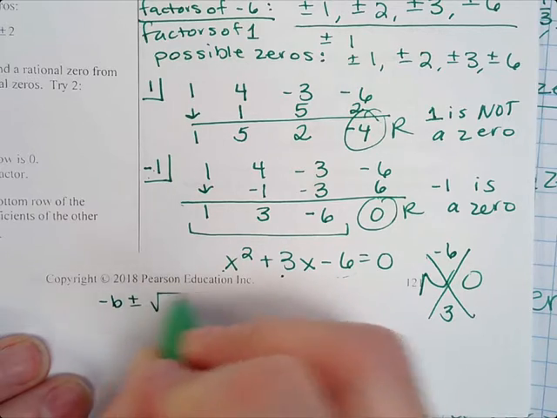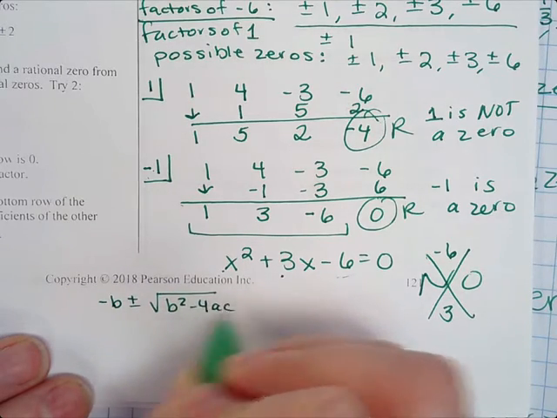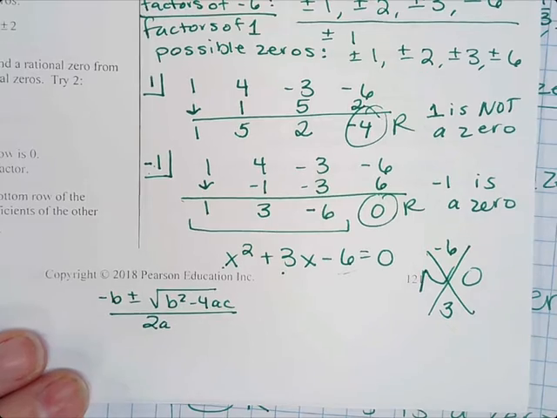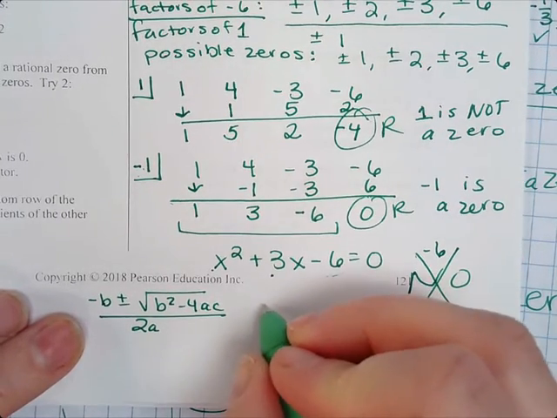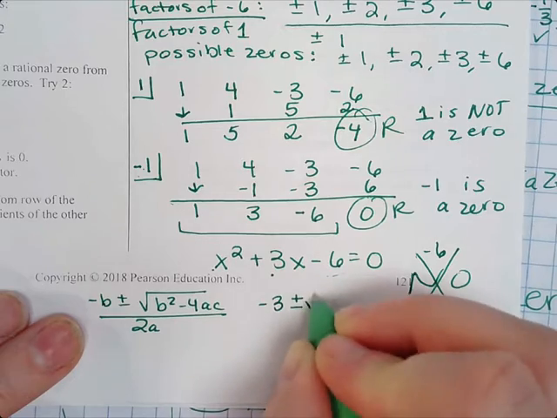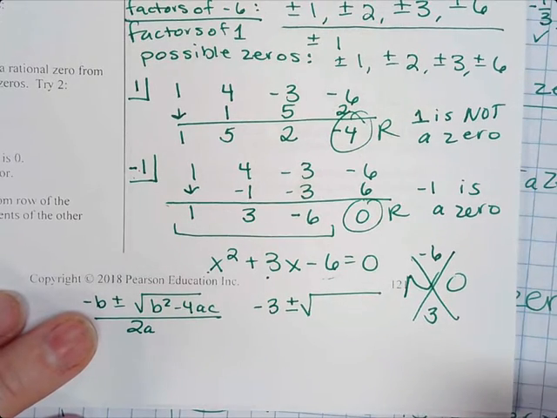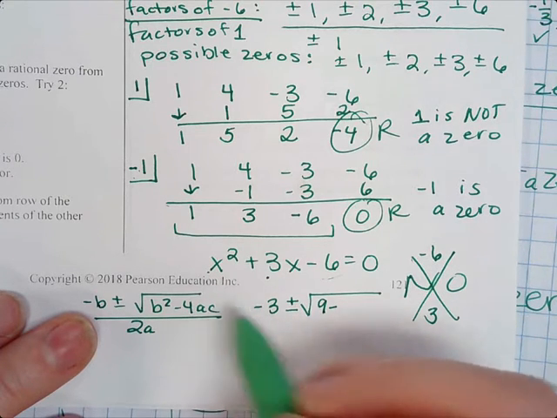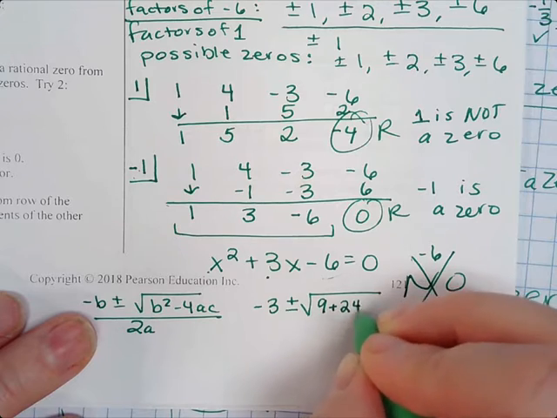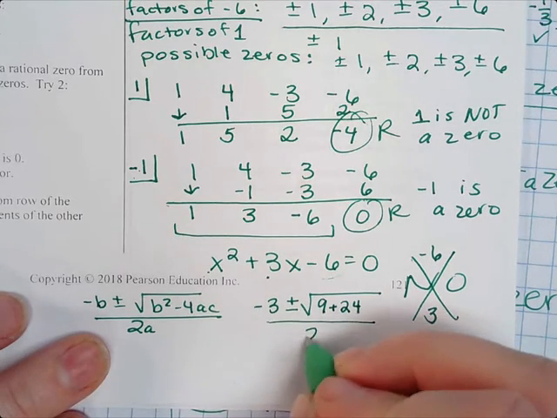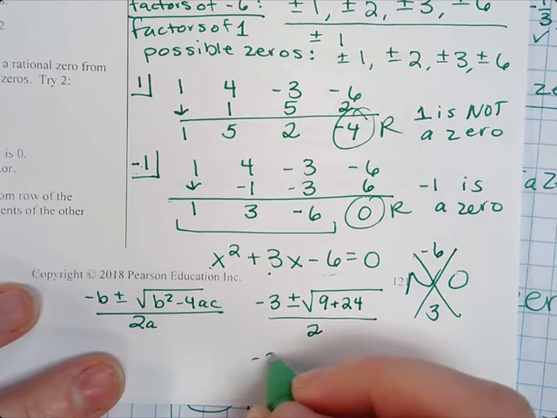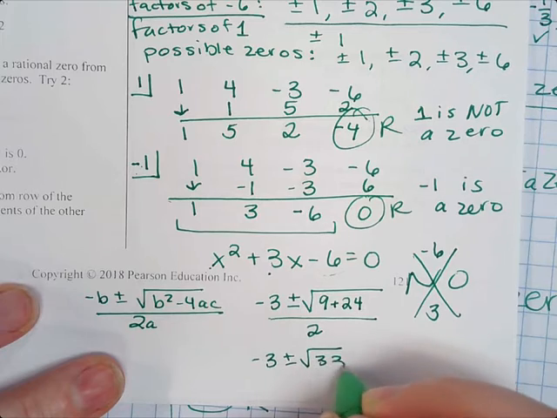-b plus or minus square root of b squared minus 4ac all over 2a. So that'd be -3 plus or minus square root of 3 squared, that'd be 9, minus 4 times 1 times -6, it'd be plus 24, over 2 times a, so over 2. -3 plus or minus square root of 33 over 2.